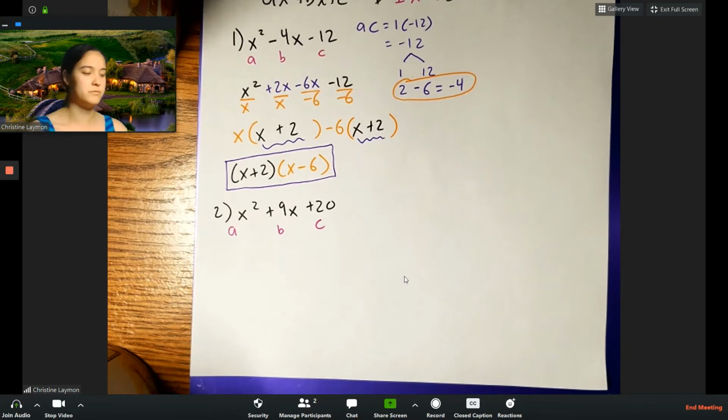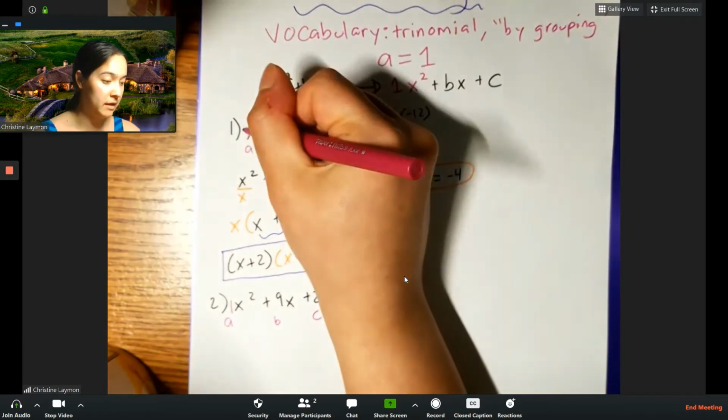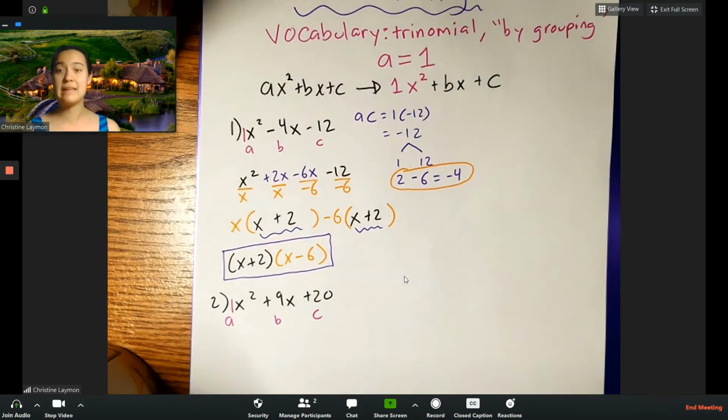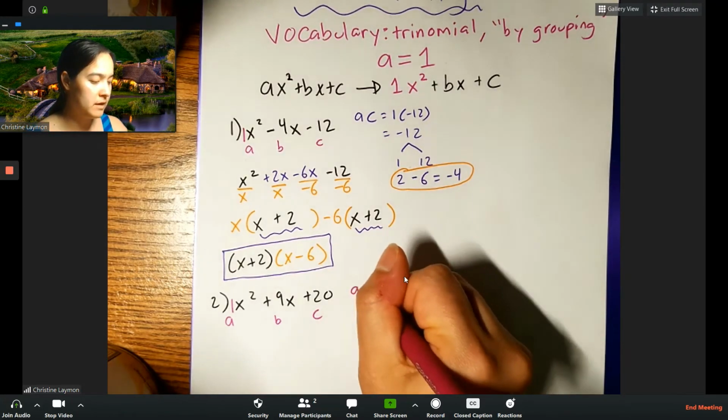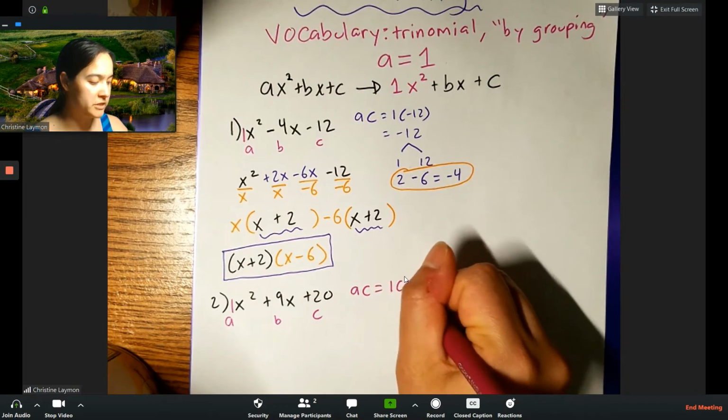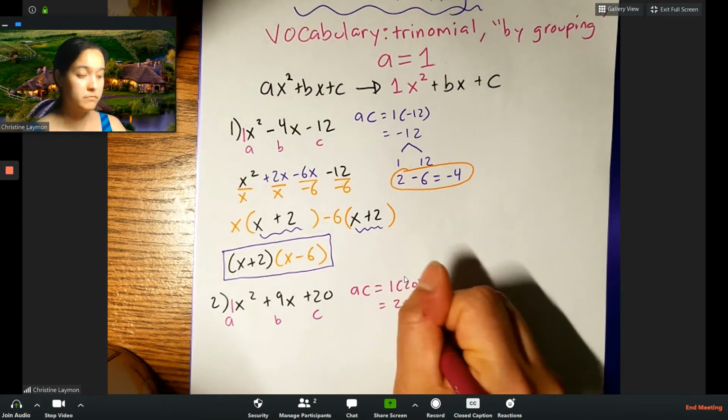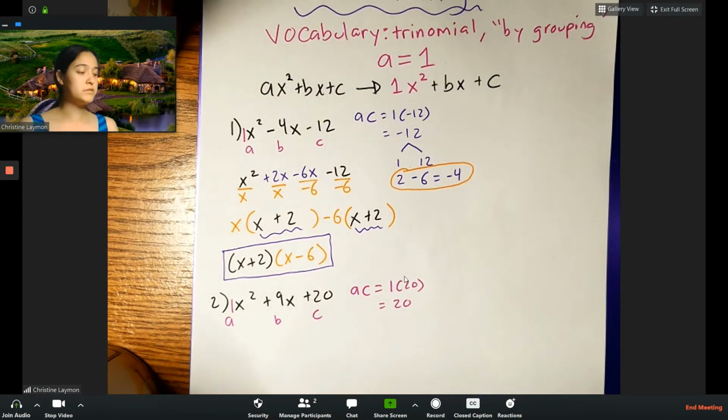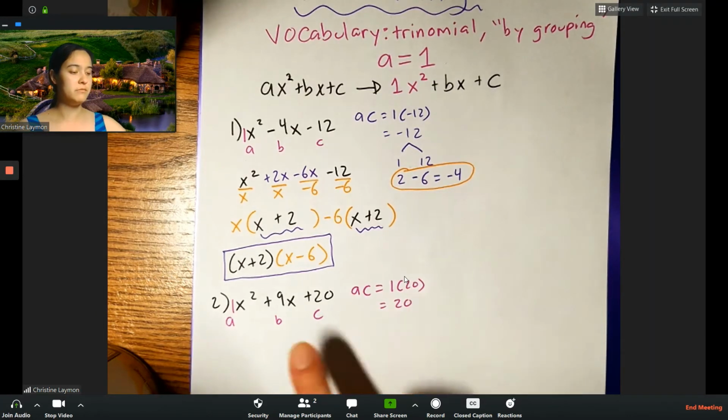So remember, A is the 1 here. Back up top, A was the 1 sitting here. The A is not the x squared, it's the 1 in front of the x squared. So coming over to here, AC is 1 times 20, so 20. I need two numbers to multiply to get me 20 and sum to get me 9. Well, that's 4 and 5.